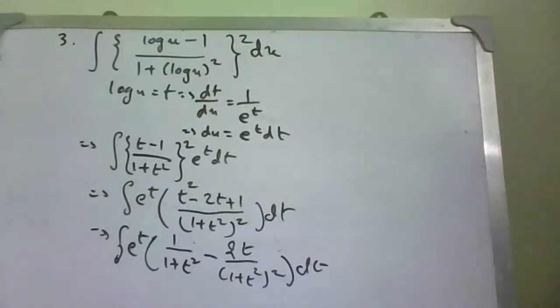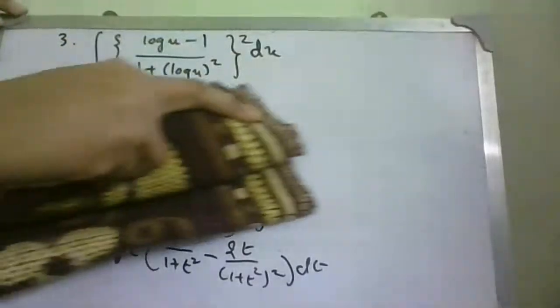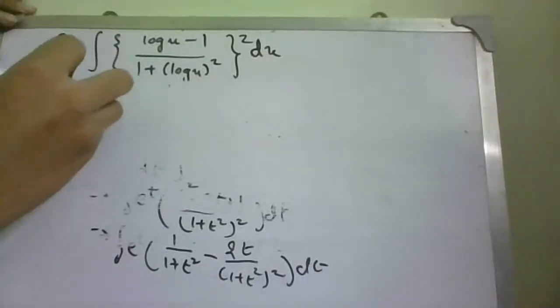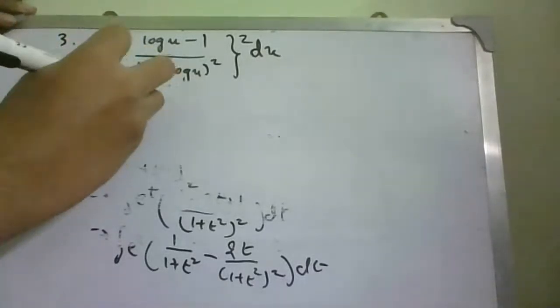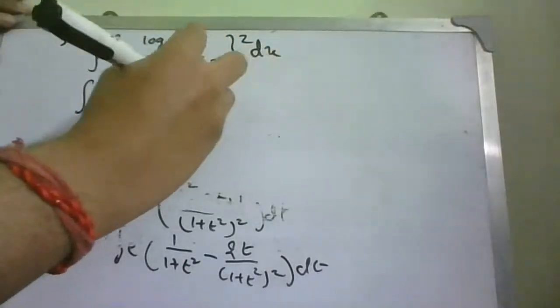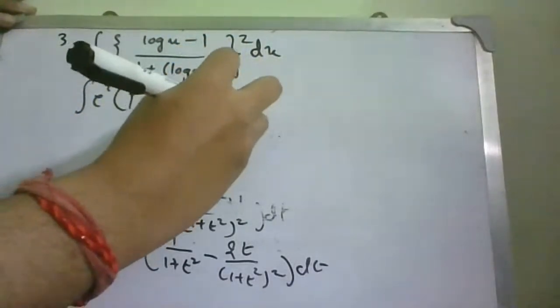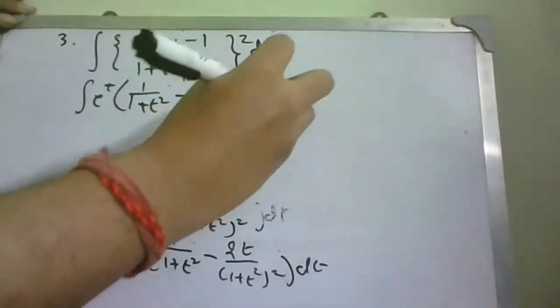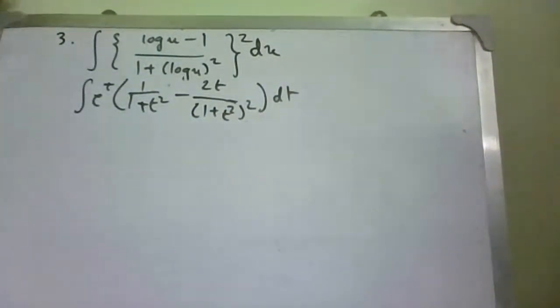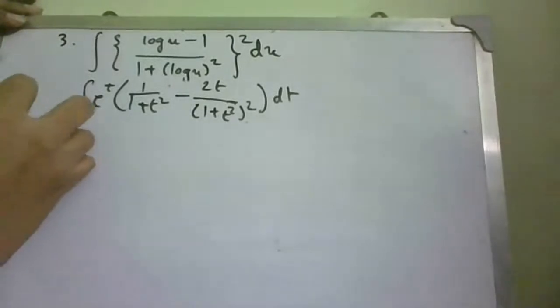Okay, so instead of directly applying the formula, what if we just apply by parts over here? We have e to the power t times 1 over 1 plus t squared minus 2t over 1 plus t squared whole squared dt. What if we apply by parts directly over here?